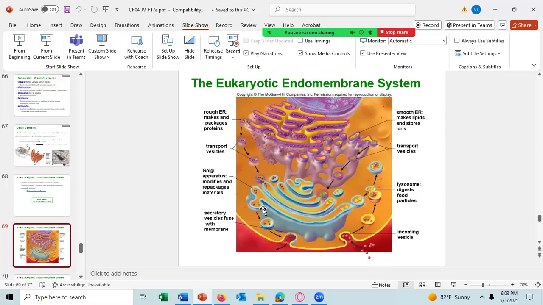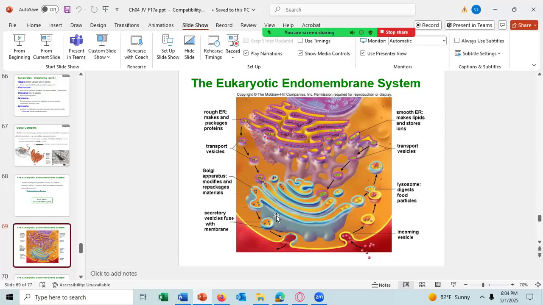And when the protein is finished, it'll then bud out of the Golgi apparatus, forming another transport vesicle, which will transport the proteins to where they should be. In this case, the protein was being made to be excreted out of the cell, and the transport vesicle can then fuse with the cell membrane, dumping the proteins outside the cell, which could happen like in a teenager and raging hormones.